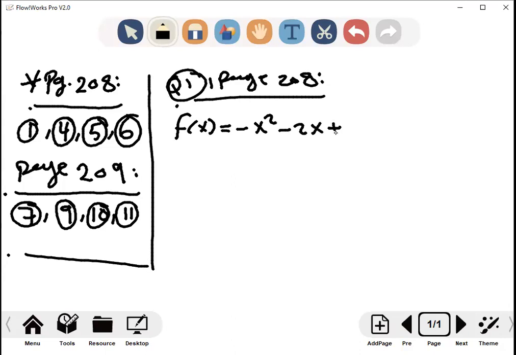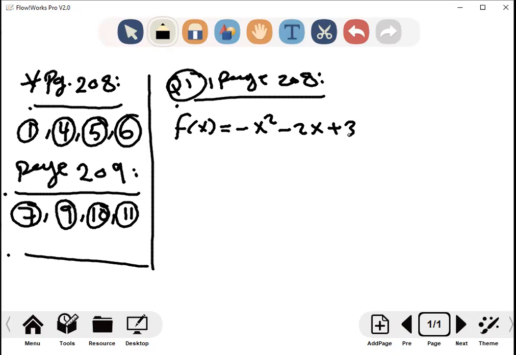First of all, a is negative, right? It means the parabola opens downward, so exclude C and D, because both open upward. I want parabolas that open downward.